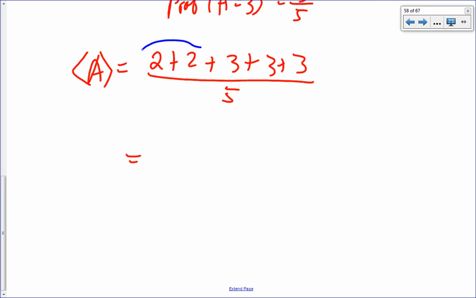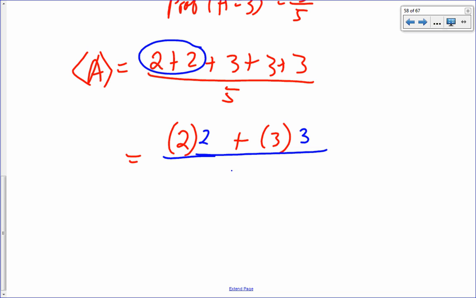I can say this is 2 happening twice, plus 3 happening how many times? 3 times. Divided by the total number of times everything happened, which is 5, right? Well, I can write it this way: 2 times 2 over 5 plus 3 times 3 over 5.